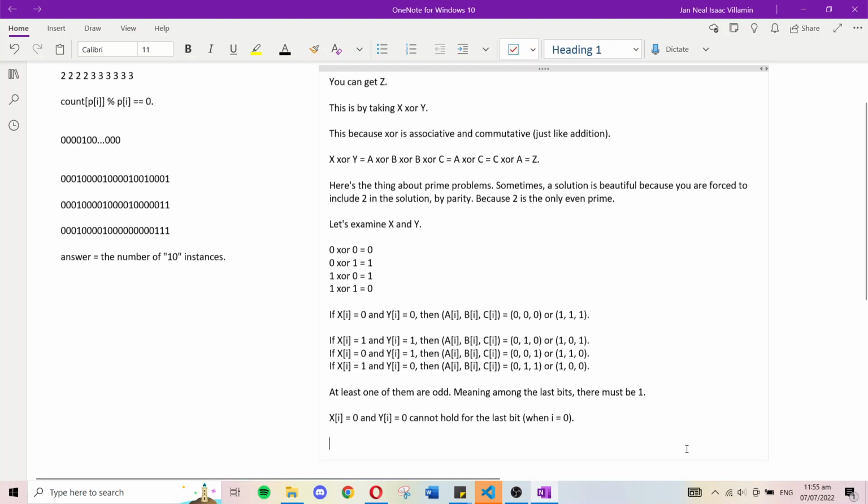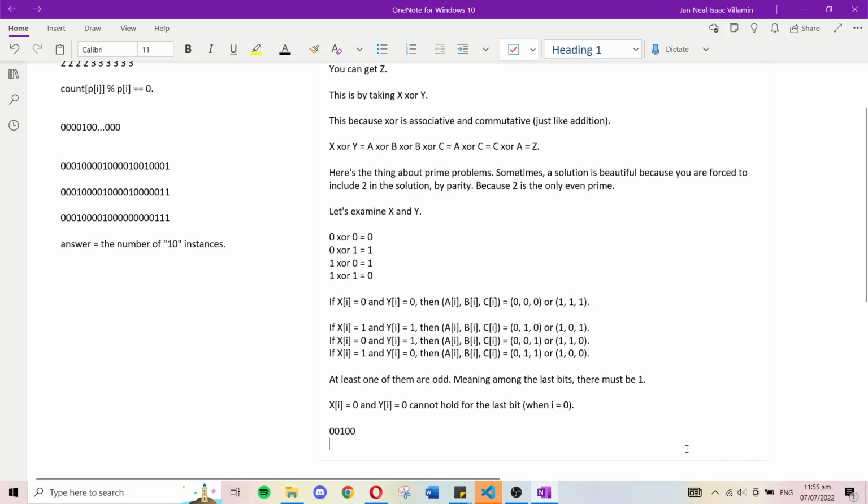Right? So for example, like this. This can never hold, right? Because the last bit is 0 and the last bit is 0. Why is that?